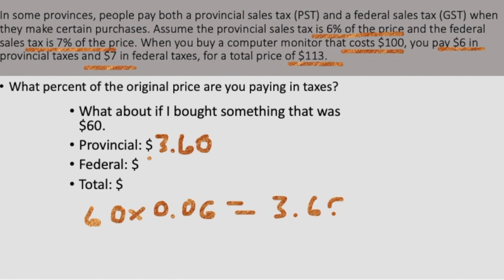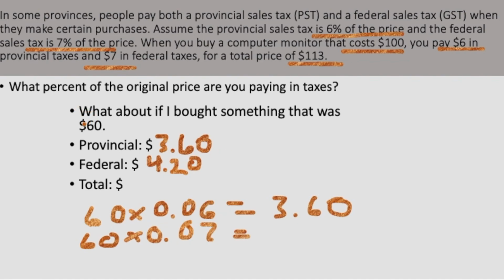And then I'm going to go 60 times 0.07, and that's going to give me $4.20, right? And then the total.